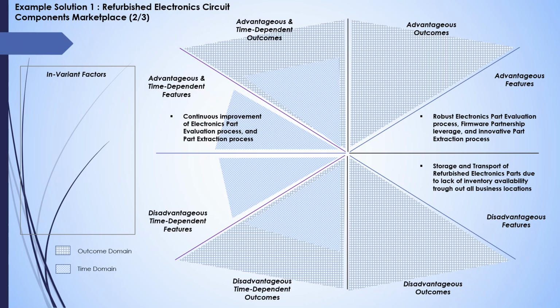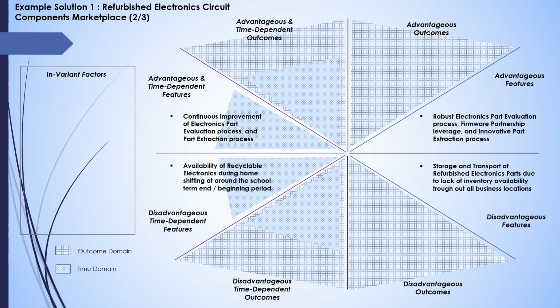And as that expertise deepens with time, the quality, speed, and reliability of both processes improves. Better evaluation means fewer errors. Better extraction means higher yield. Time, in this case, is genuinely an ally, and the solution should be designed to capitalize on that trajectory.